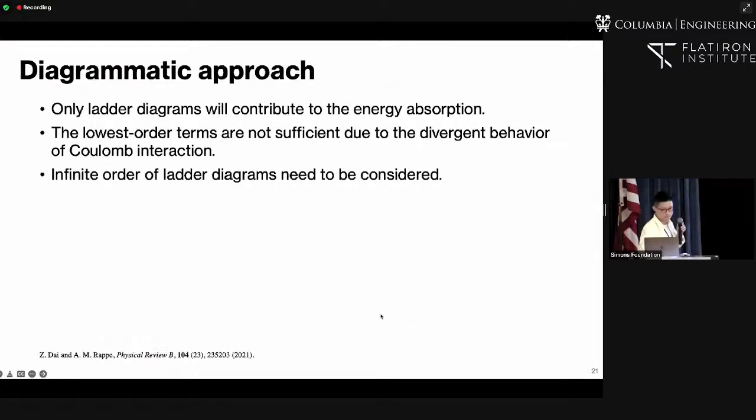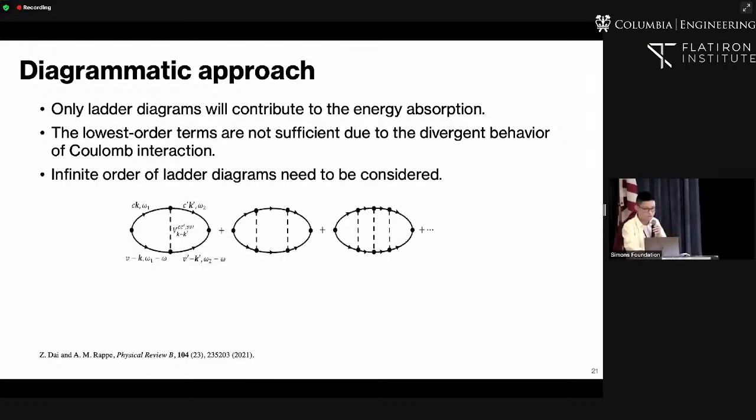So we can do similar things as we did for the electron-phonon coupling. Basically, we evaluate all the possible diagrams that appear in the perturbative expansion. But for the Coulomb interaction, because of the divergent behavior, we are no longer justified to only keep the lowest order interaction. So in practice, we have to include all the possible diagrams, all the orders, and we have to sum them up.